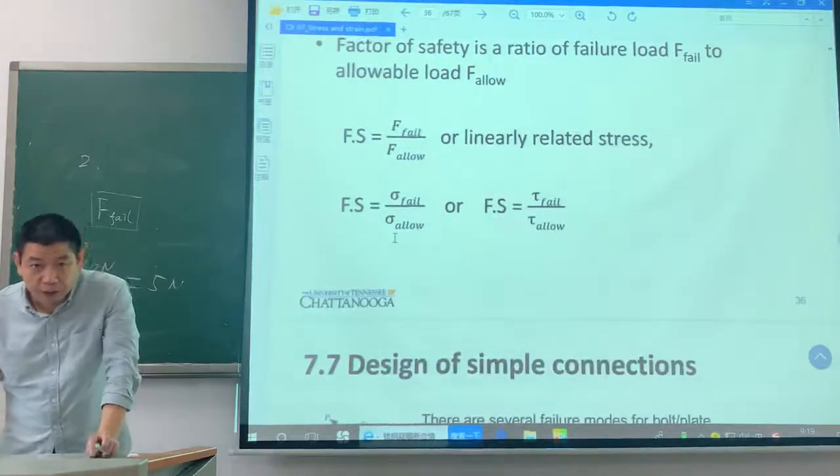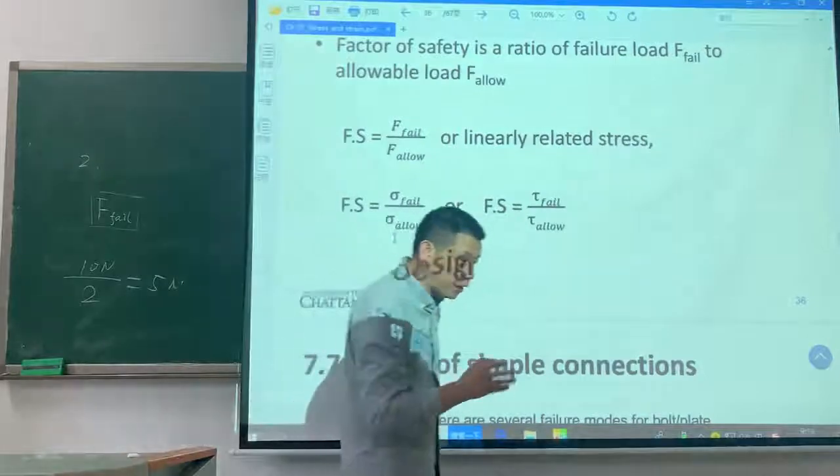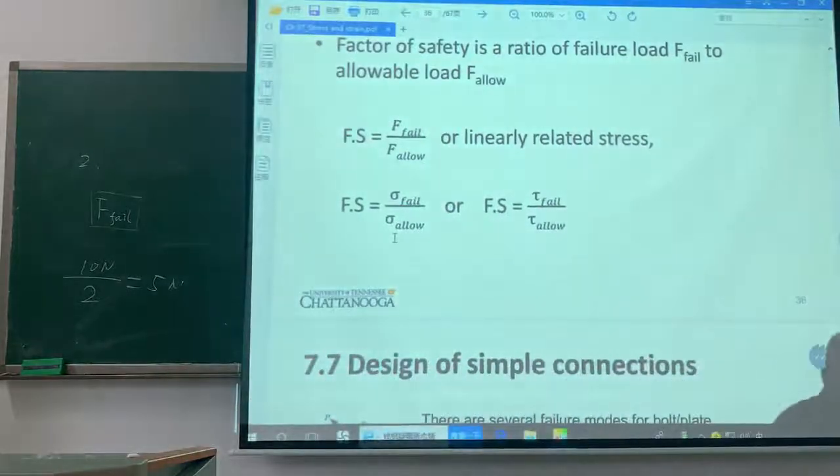So when you design a member, the stress must be less than the allowable stress. Must be less than the allowable stress.